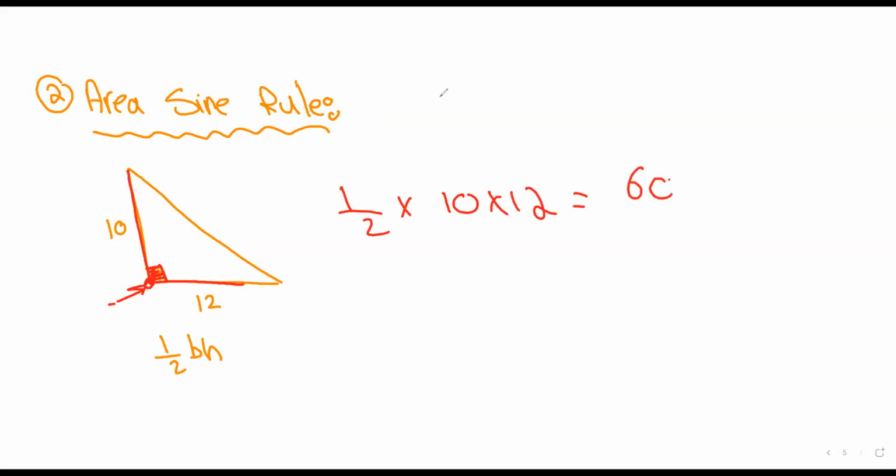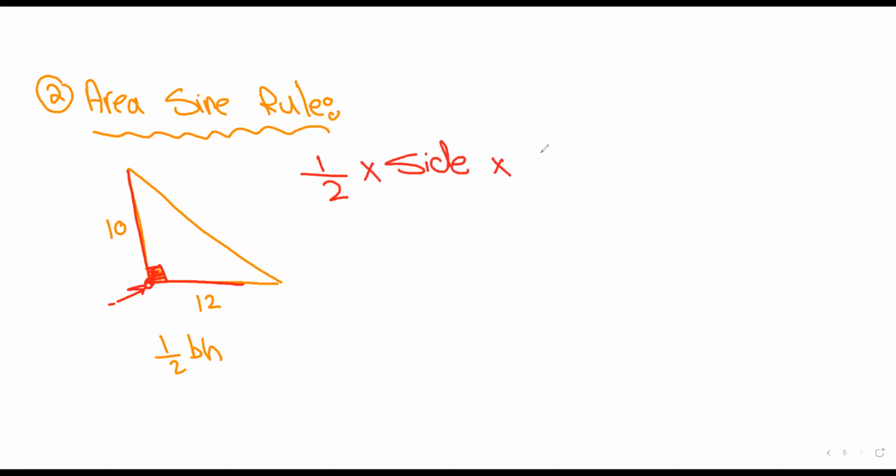But the origin of the area of any triangle in the world, even if it's a right angle, is half times a side times another side times sine the angle in between. Half times side times side times sine angle in between.